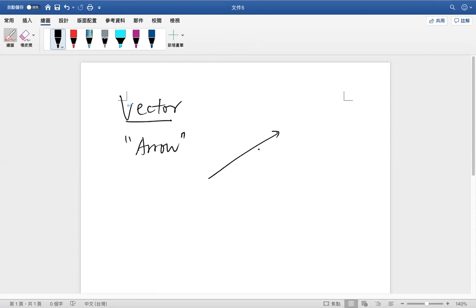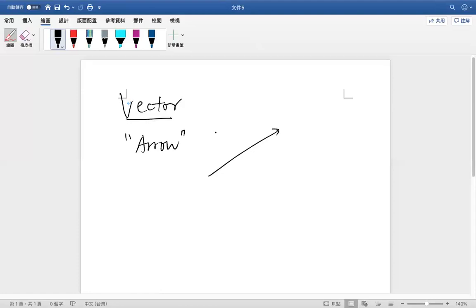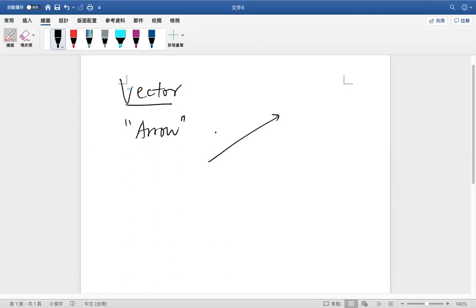So that's why we are going to introduce vectors in describing the mechanics of objects. Is it okay for the motivation? Yeah.